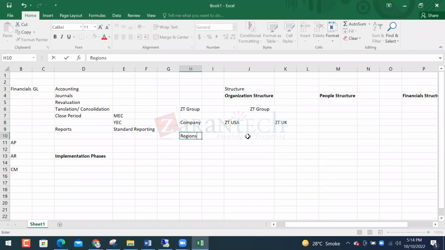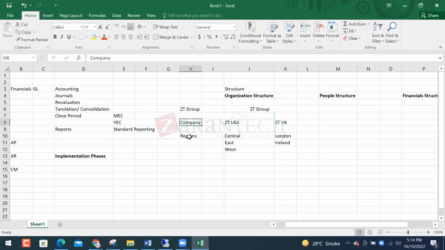Then we have regions. If it is the US, say we have central, east, and west as well. Similarly, if I talk about London or Ireland, we segregate in a different way. So it's up to you how the business is working.